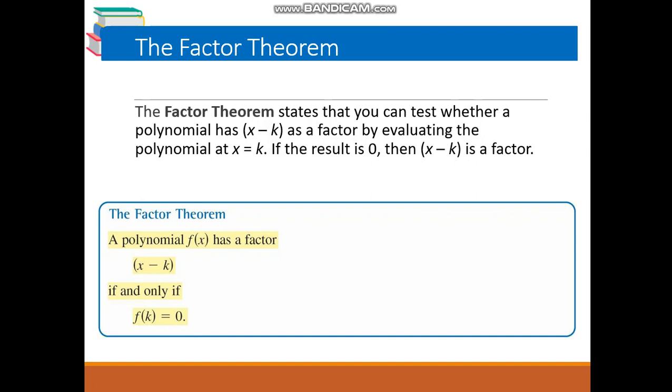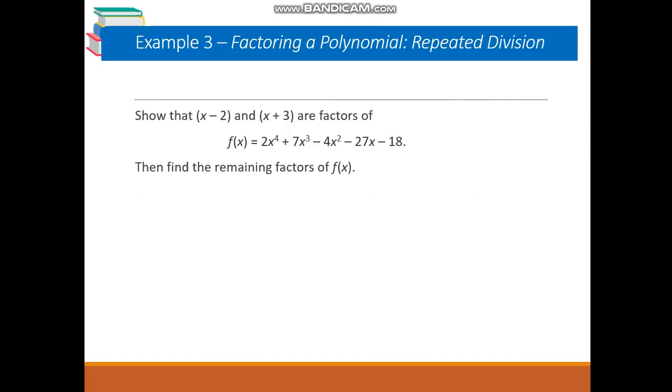And we actually know this already also. But let's look at an example and see how we can actually use it to factor something. So show that x minus 2 and x plus 3 are factors.